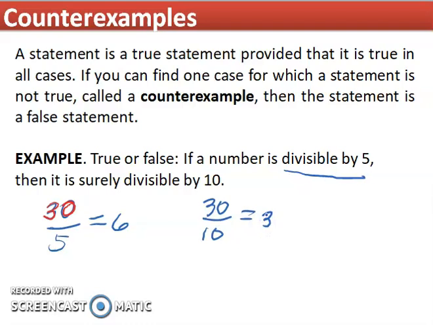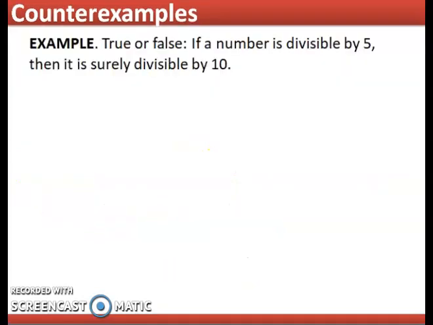So meaning 30 is divisible by 10. And so 30 is an example. So it is an example of this statement. But it is not a counterexample, because it follows this statement.